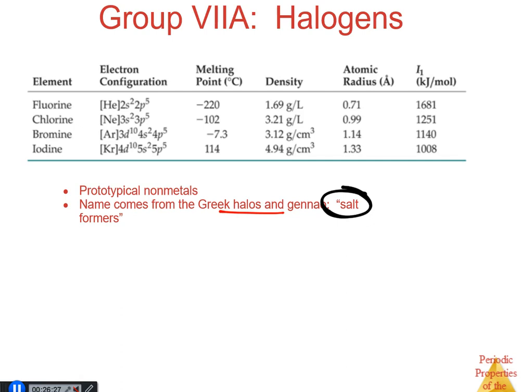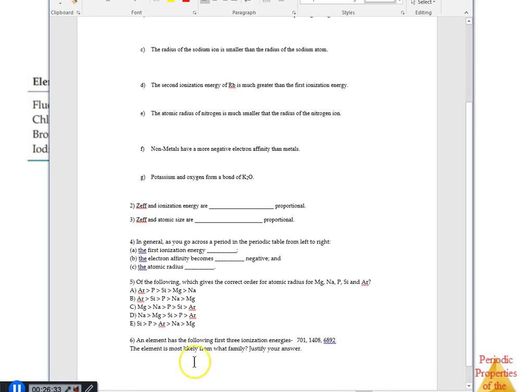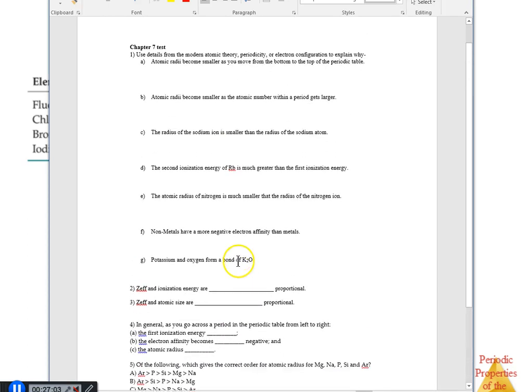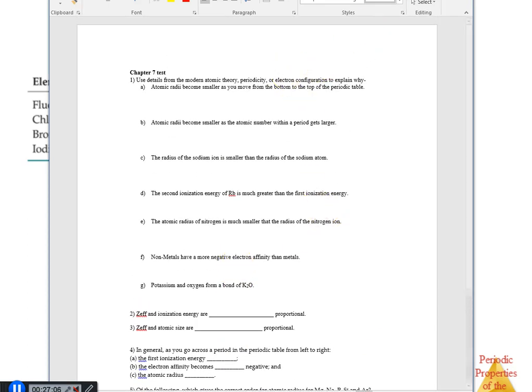I won't leave this up there very long, but here's the EFG, then there's some things about Zeff and being what type of proportionality, and then this is just explaining your 3 arrows essentially. You have to arrange these in order of size. That's actually harder than you think. And then there's that question about the ionization energies. You have first one reasonable, second one reasonable, third one gigantic. Okay, so there's the Chapter 7 piece.